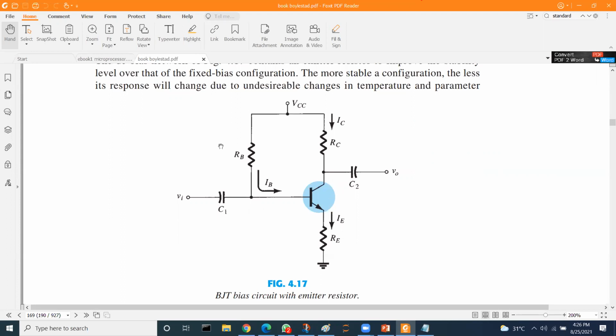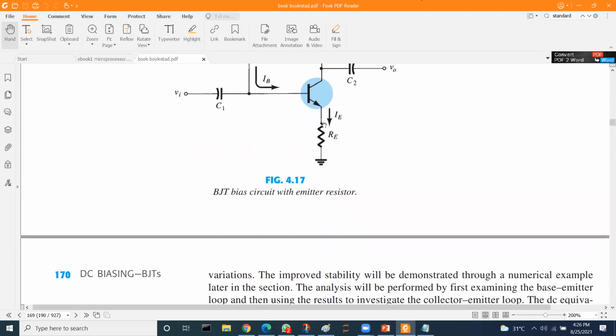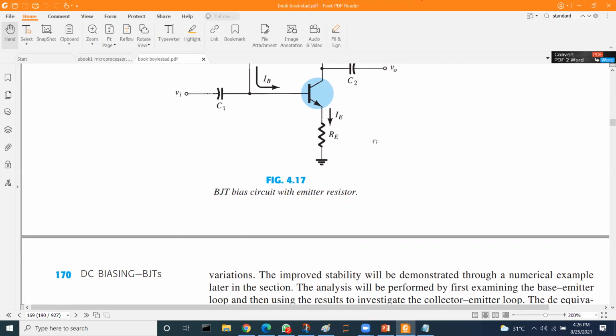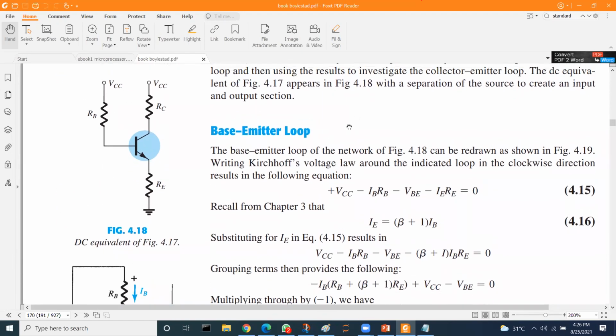Previously we had the fixed bias, and now it is the emitter bias circuit. The emitter bias circuit can be remembered by the resistance along the emitter terminal. So, if we analyze the circuit, we can isolate it so that we can identify what is the input side and what is the output side.